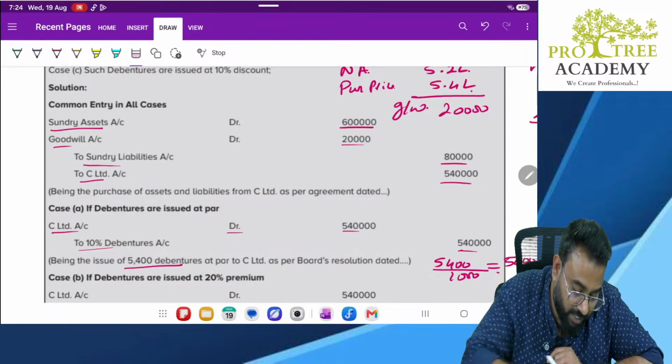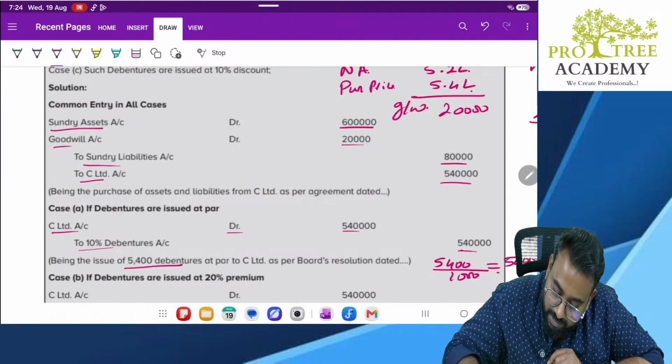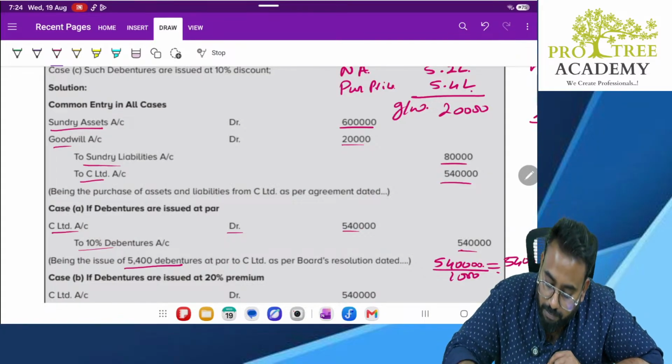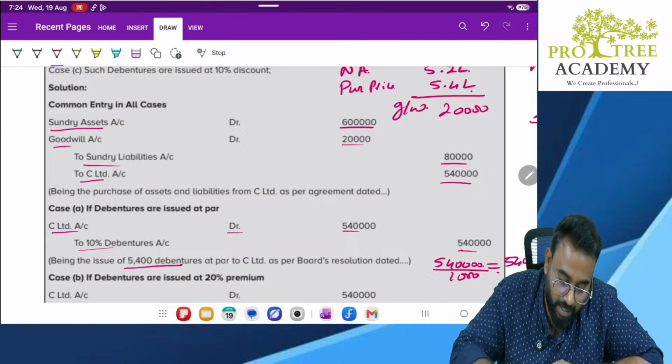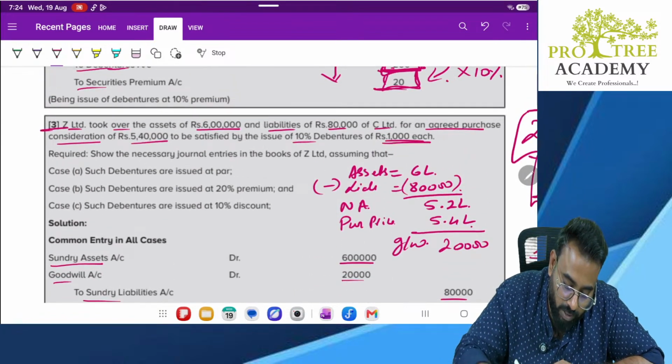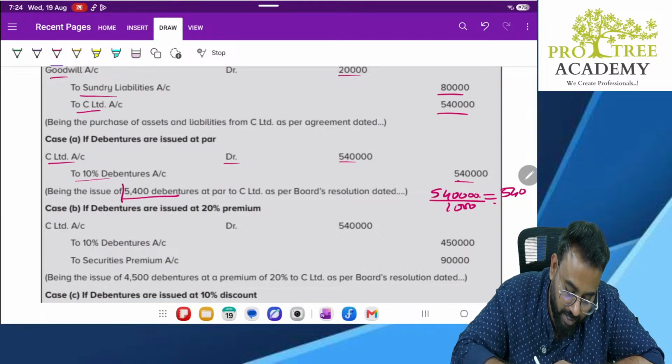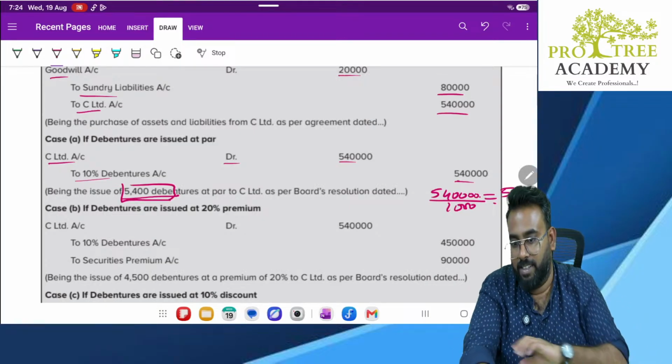Either they have given the answer wrong or the question wrong. 5,400 or 540. Clear? So they have told 1,000, but here while calculating they have taken 100. Okay.